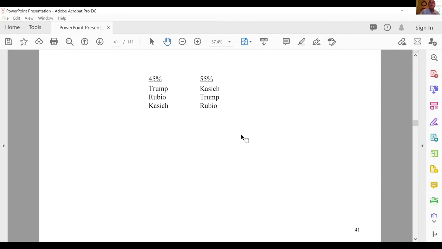Well, even though a majority prefer Kasich, notice that Trump actually gets more points than Kasich, because Kasich is ranked third by the Trump voters, and Trump is ranked second by the Kasich voters. So I'm not going to go through the calculation, but you can verify that Trump is the Borda winner in this example.